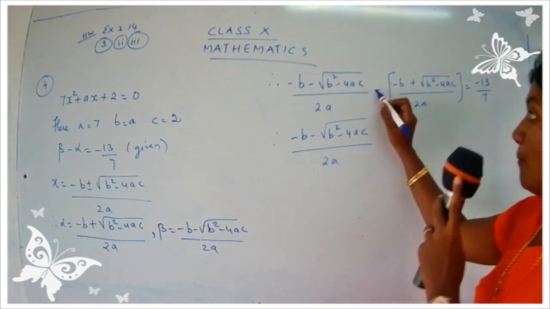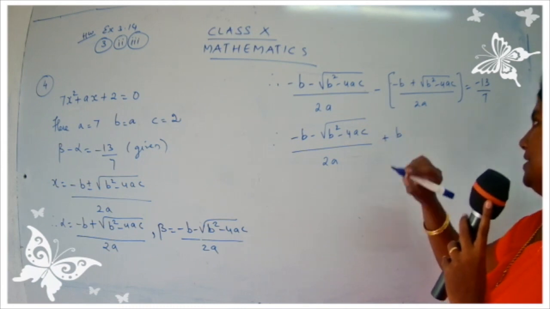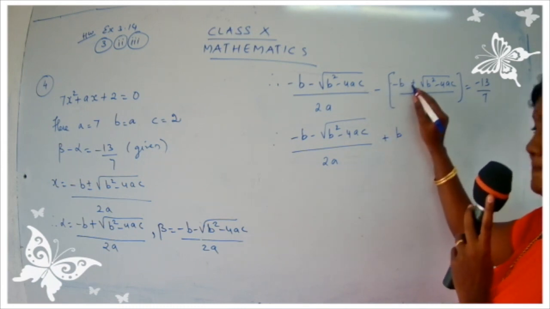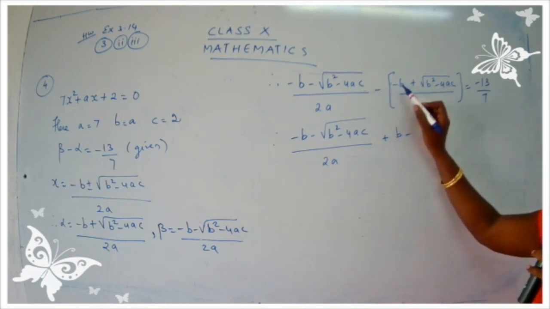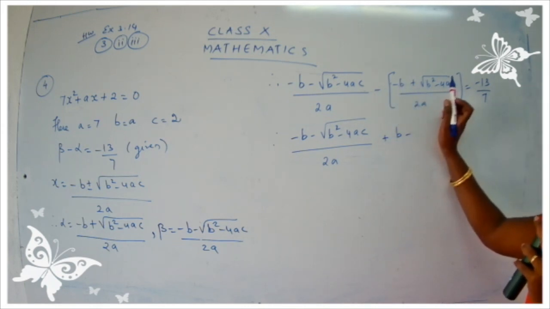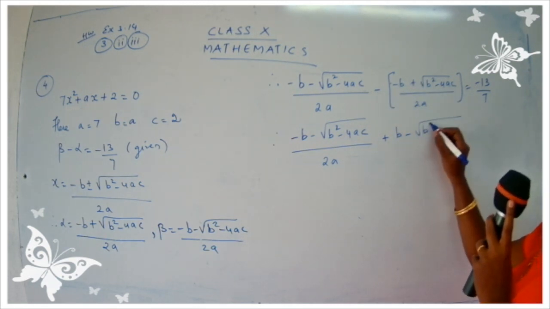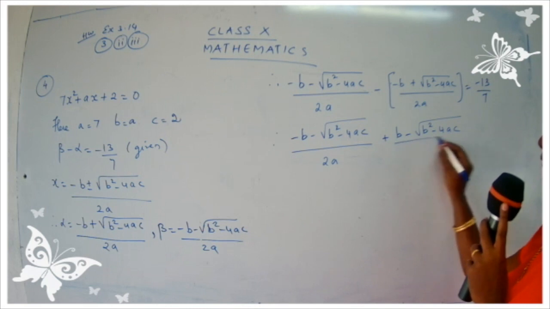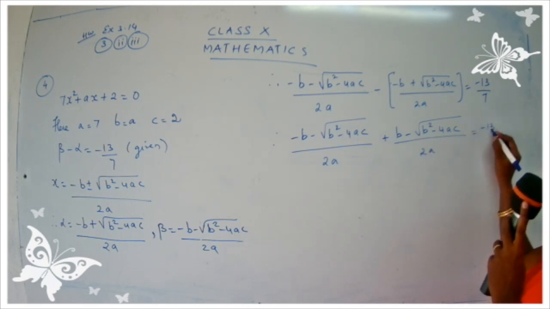Okay children? Now minus, yes, plus b. Minus plus, minus. Clear? Minus, plus. Then minus plus square root of b square minus 4ac upon 2a. This is equal to minus 13 upon 7.